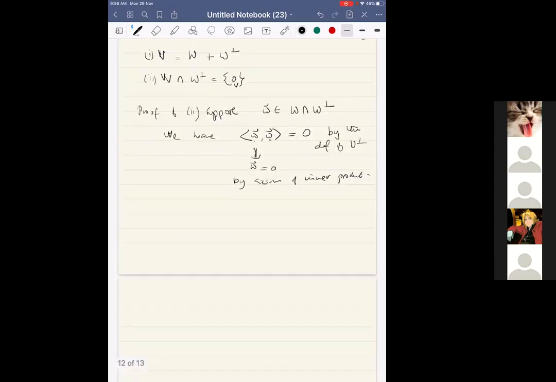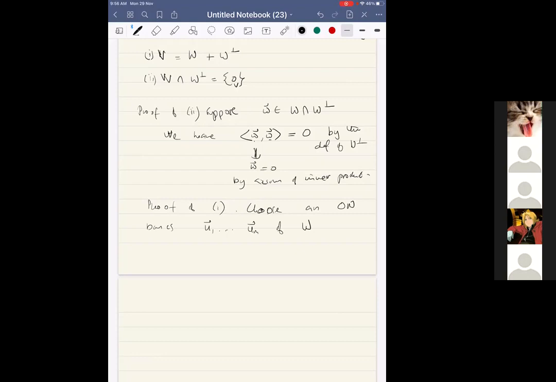Now, proof of 1. Choose an orthonormal basis u1, ..., um of W. So W is a subspace of V of dimension m.